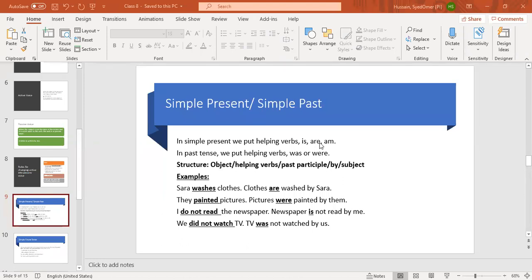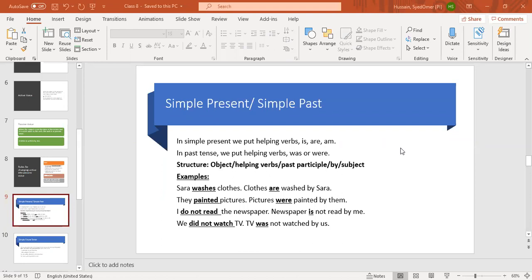Now, I'm going to give you one example, and you have to tell me before we proceed. Okay, one example for Iman. Yes, Iman. Zan painted the doors. The door is painted by Zan.